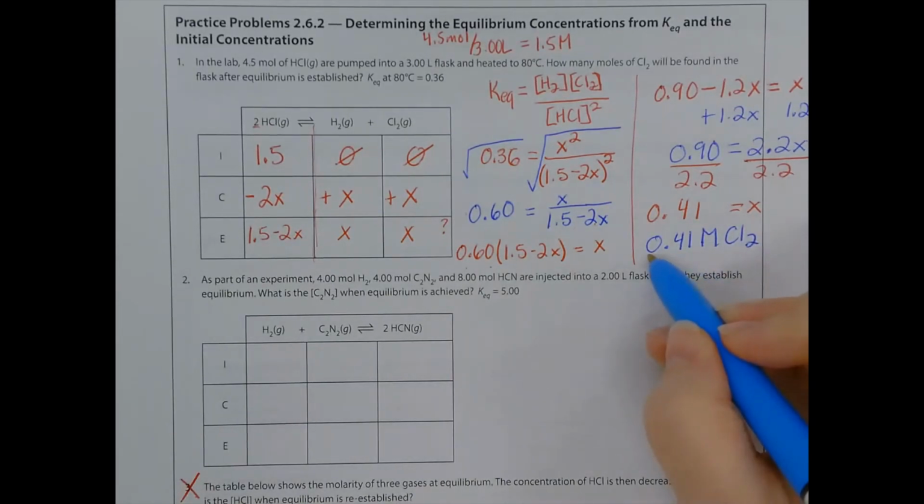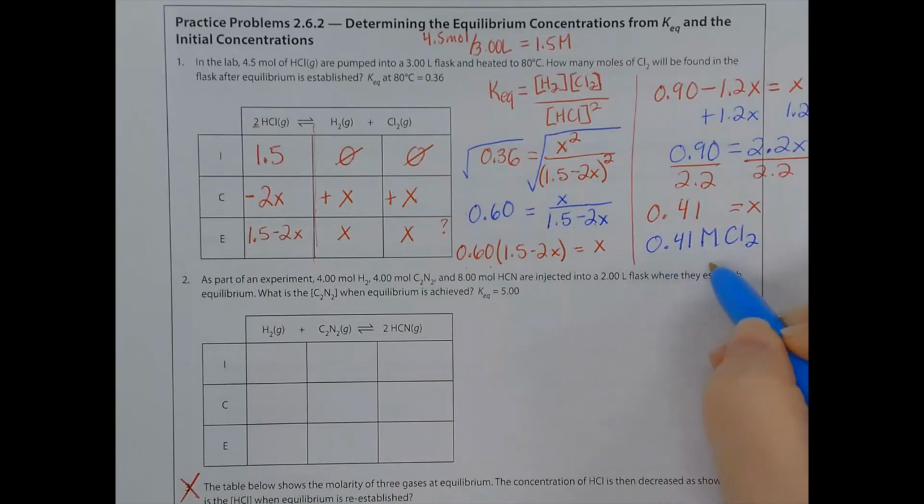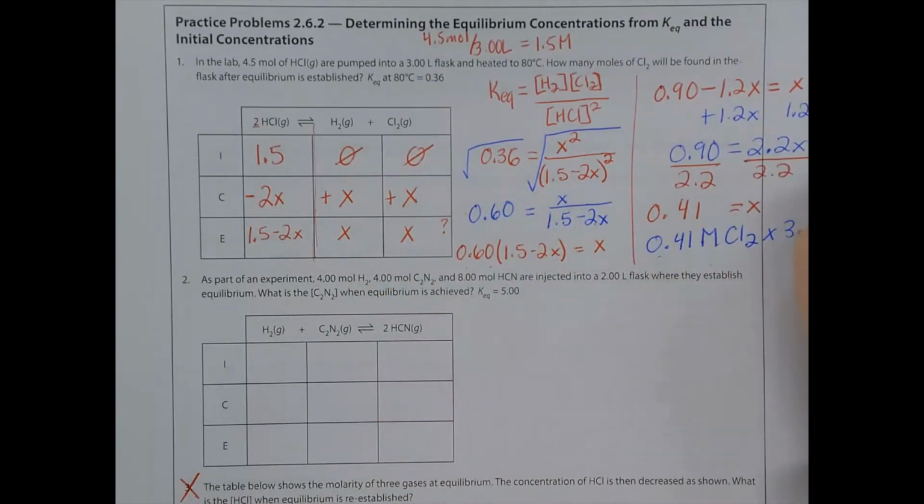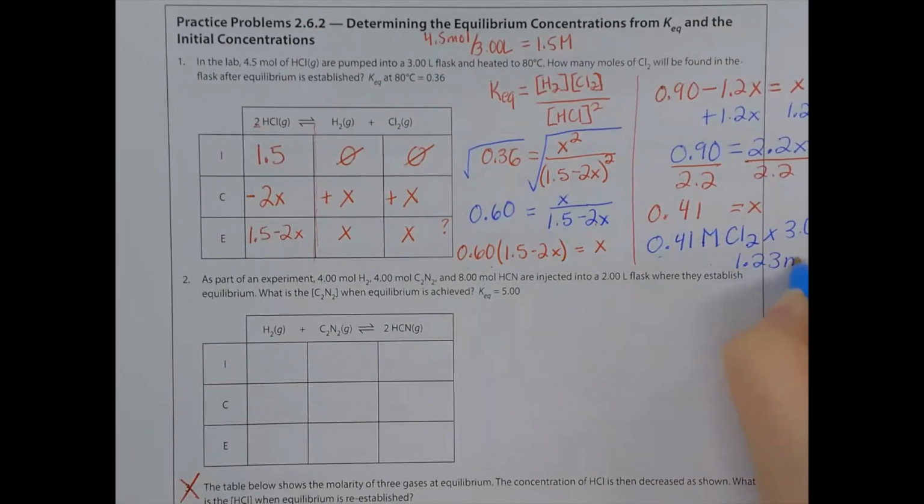Our molarity represents moles per liter, so if we can get our liters to cancel, our volume to cancel, then we are left with just moles. So we can multiply by the volume of our flask, which is 3 liters, and 0.41 times 3 gives us 1.23 moles of chlorine.